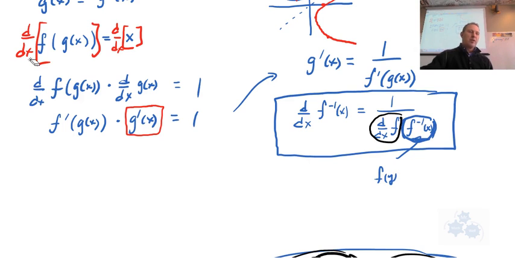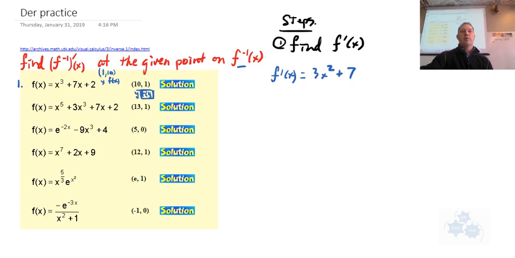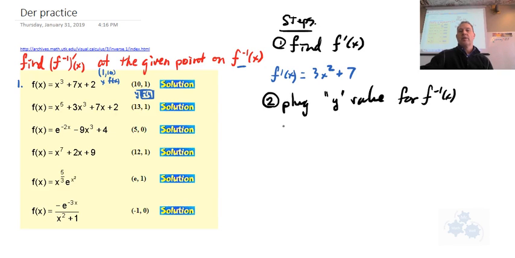Especially when you're given a point, it's super easy. So step 2: plug the y value, which is really the f of y value, for f to the negative 1 of x into the definition.